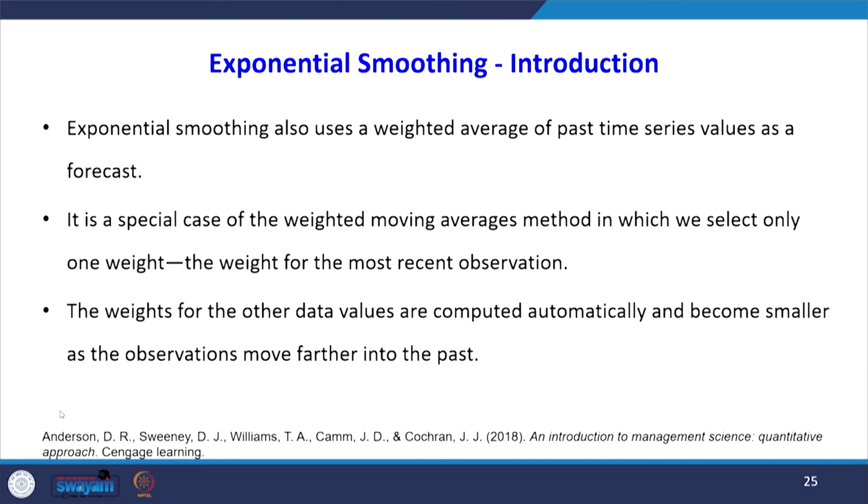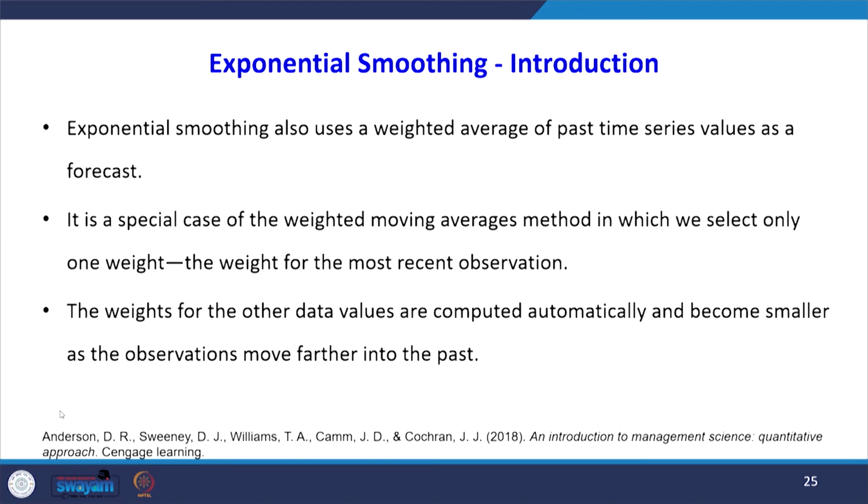The third method which I am going to discuss in this lecture is exponential smoothing. Exponential smoothing also uses a weighted average of past time series values as a forecast.